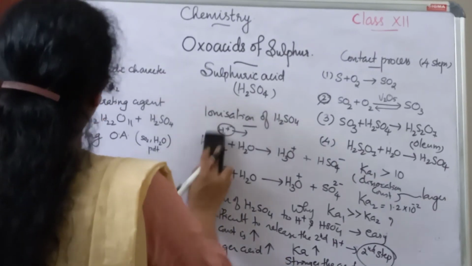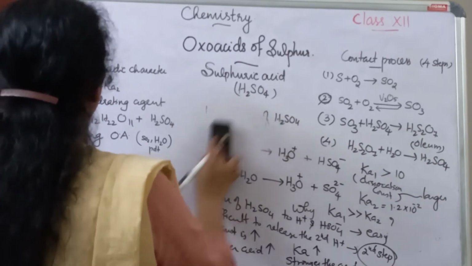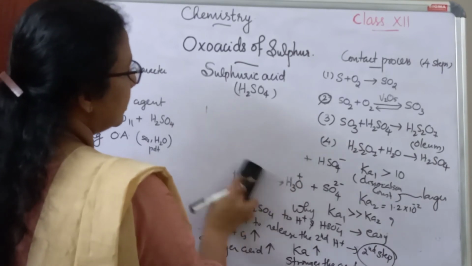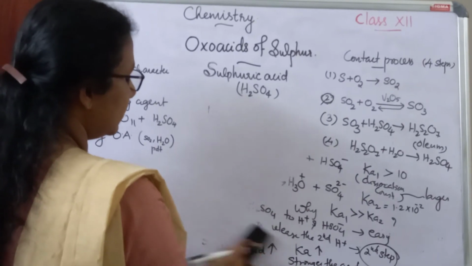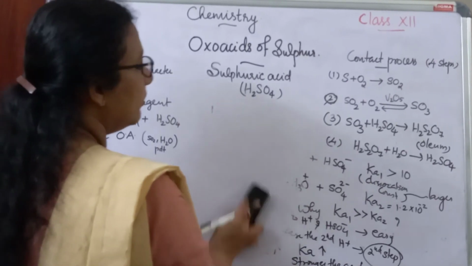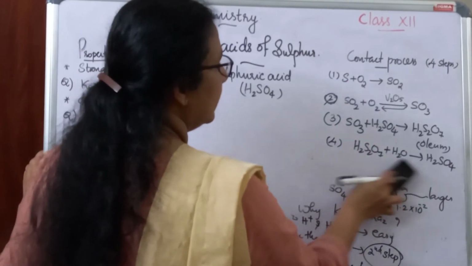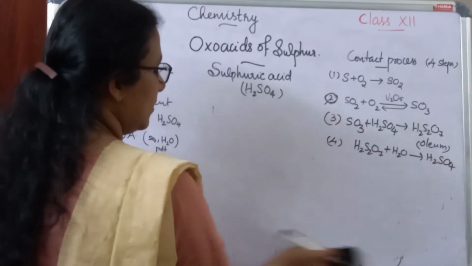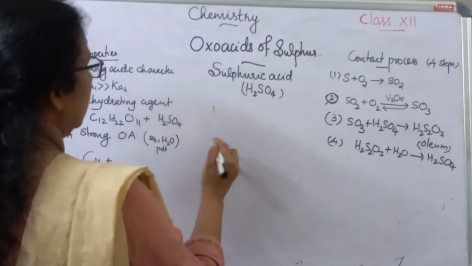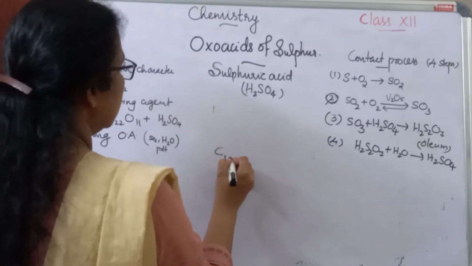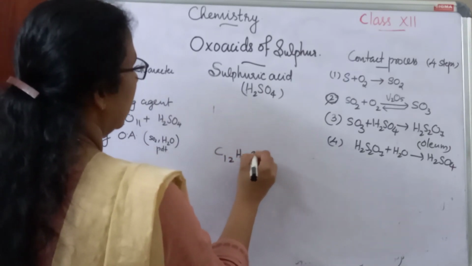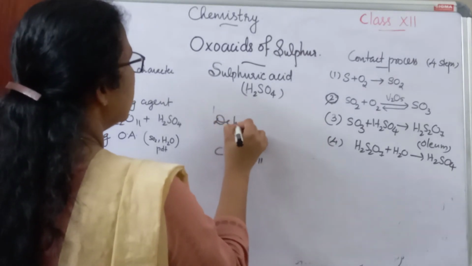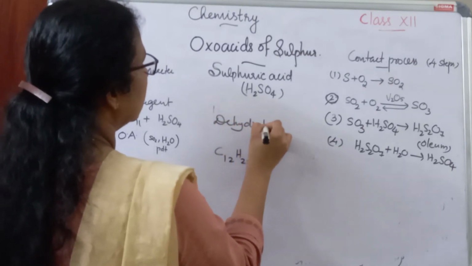Then another point is about its dehydrating nature. H2SO4 is a good dehydrating agent, that means it absorbs water molecules. For example, sugar, C12H22O11.